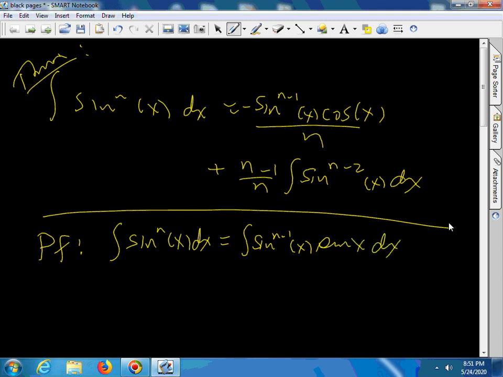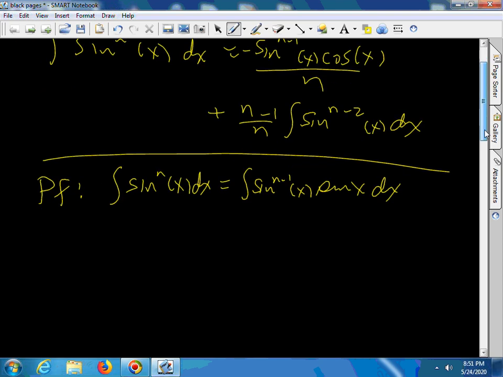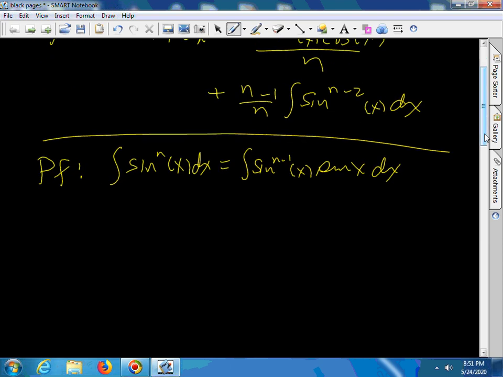And then we make some substitution. We are going to do this by parts. I call one part u and the rest dv. So u is sine n minus 1 of x.